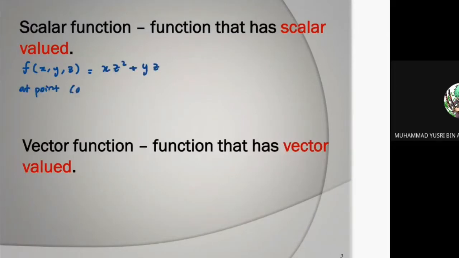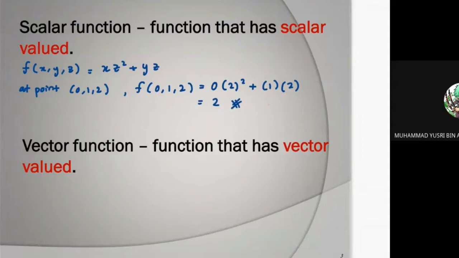At point (0, 1, 2), your f(0, 1, 2) will be, just substitute x equal to 0, y equal to 1, and z equal to 2. So your function will be 0 times 2 squared plus 1 times 1 times 2. So this is equal to 2.